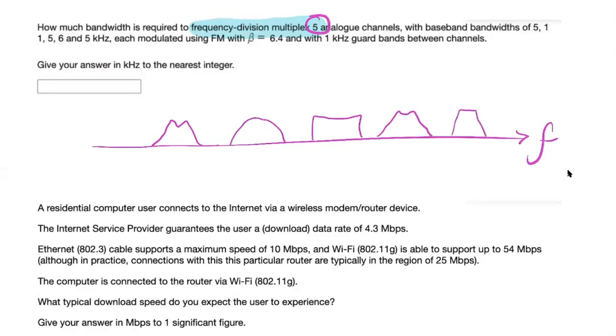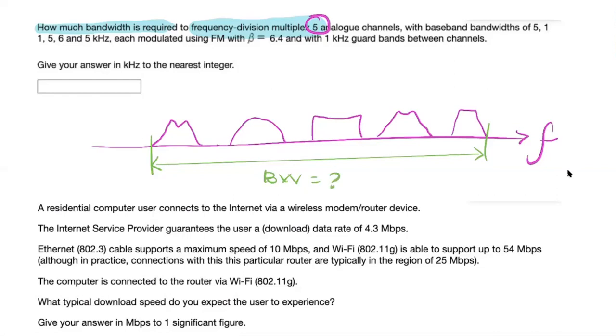And the question is, what's the total bandwidth? How much bandwidth is required? So the question is, how much frequency do we need from here to there? What's the total bandwidth of all of these channels together?